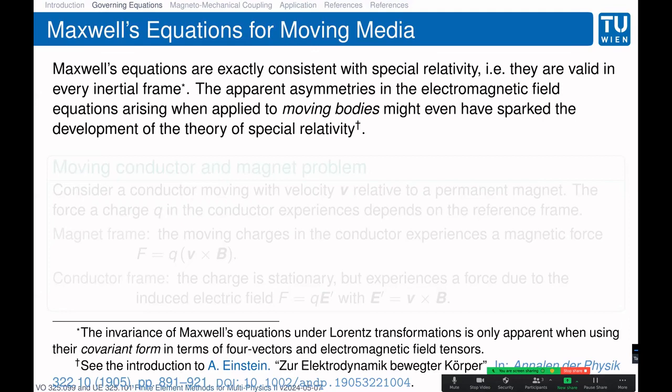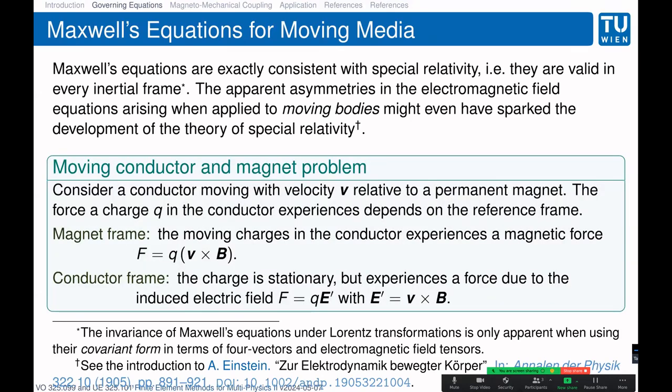So this is a very funny thing to observe, and it actually might have sparked the development of the special relativity theory by Albert Einstein. If you read the introduction of his paper on the electrodynamics of moving bodies, you see this moving conductor and magnet problem mentioned. Here, the discrepancy is: you have a moving conductor which moves with constant velocity through a stationary magnetic field.